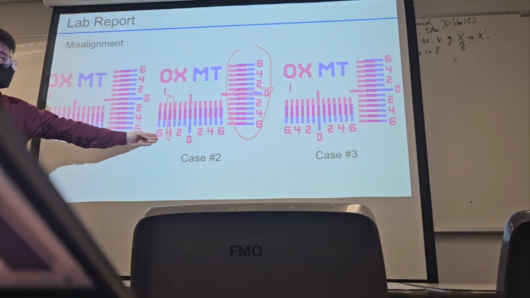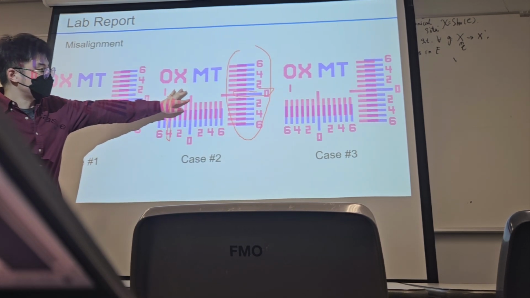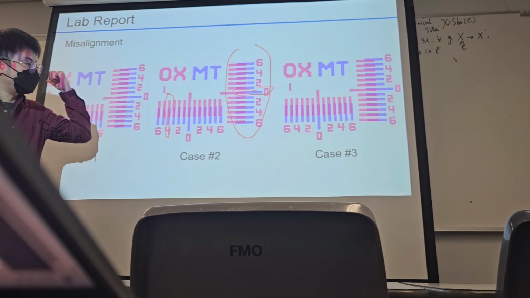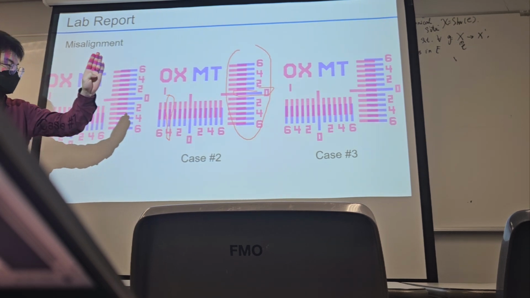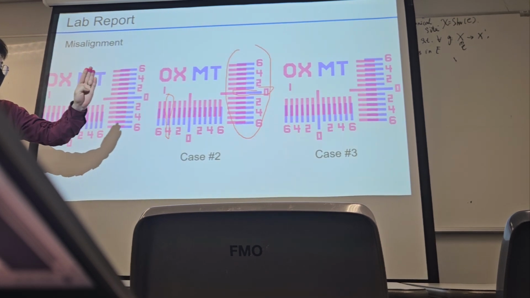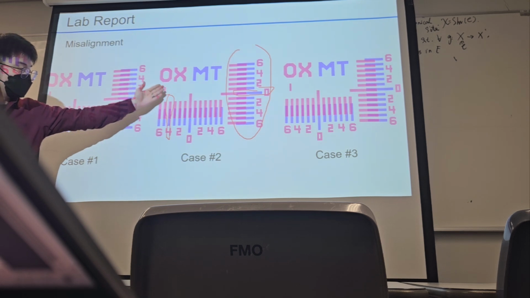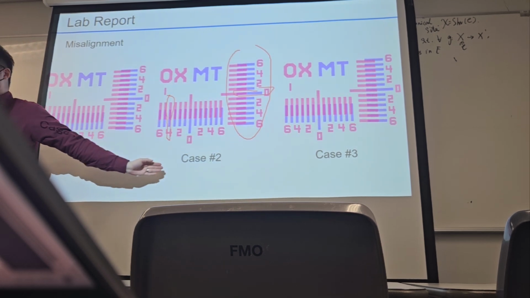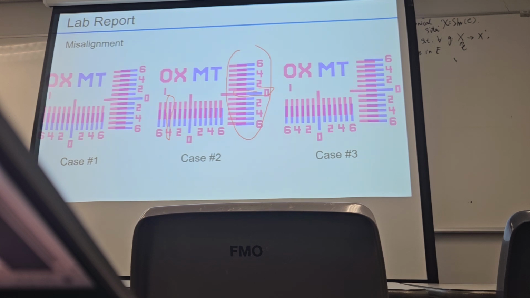Which means that the pink part has a misalignment to the left of 4 micrometers. So you can read the misalignment directly from the ruler. That's case 2. So for case 3, think about it. I'll give you half a minute to think about it.